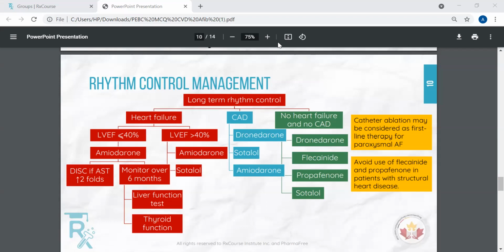They call it pill in the pocket. If you start feeling the irregularity of heartbeats, just take it. This is for the patient with low burden recurrence, not a repetitive recurrence. So they call it pill in the pocket antiarrhythmic therapy, maybe sotalol, maybe amiodarone, depending on the doctor's choice.